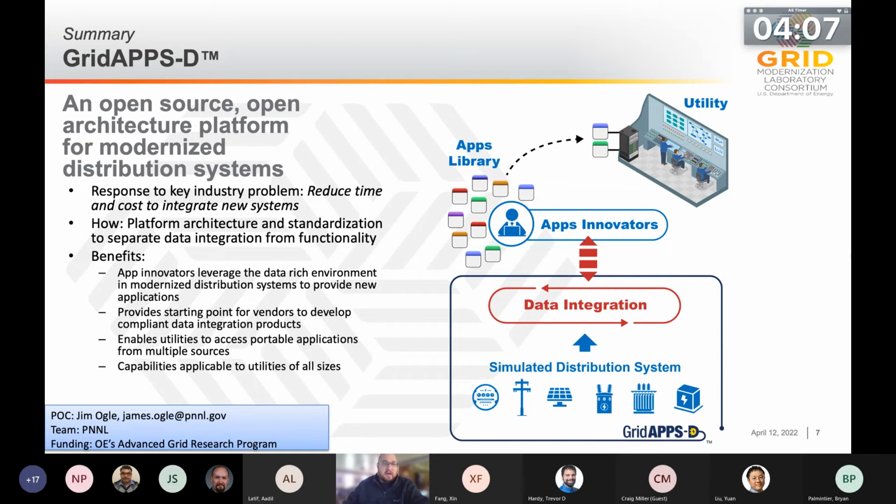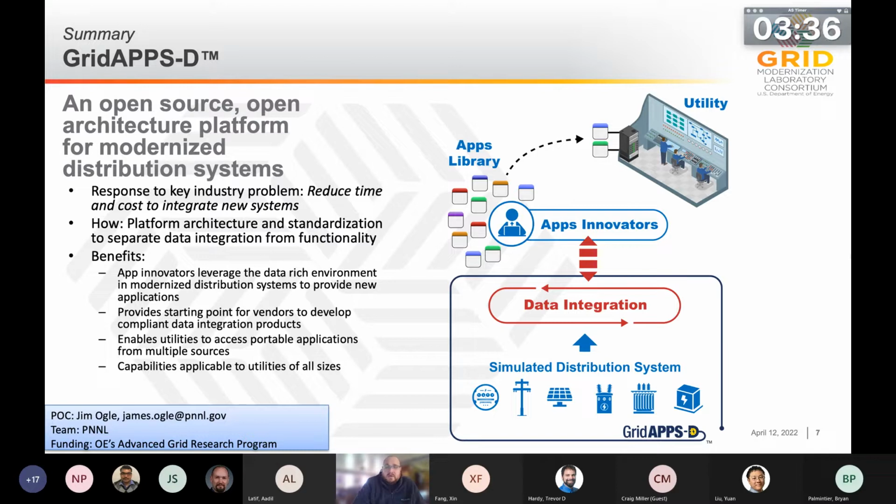The main problem that it's trying to address is an industry problem of reducing time and cost to integrate new advanced applications for the advanced distribution management systems of the future for distribution utilities.